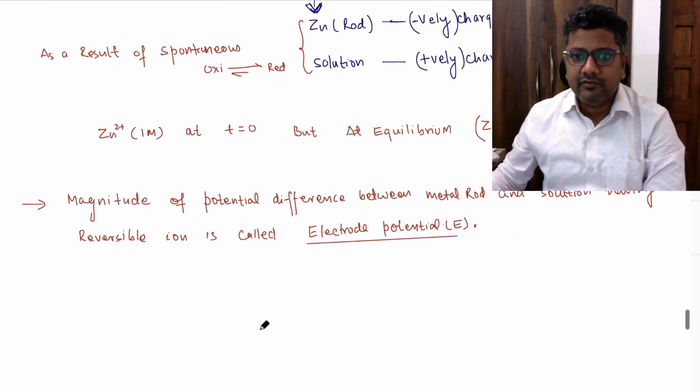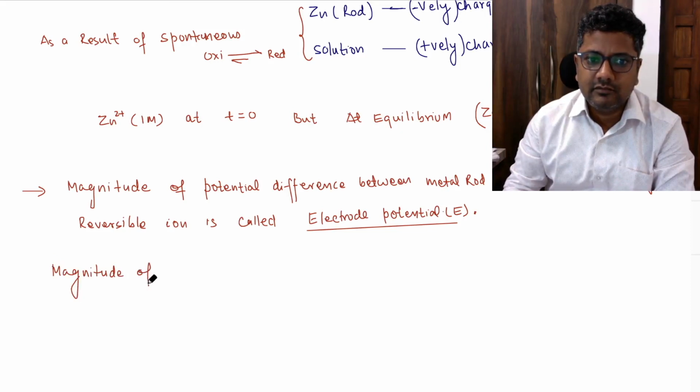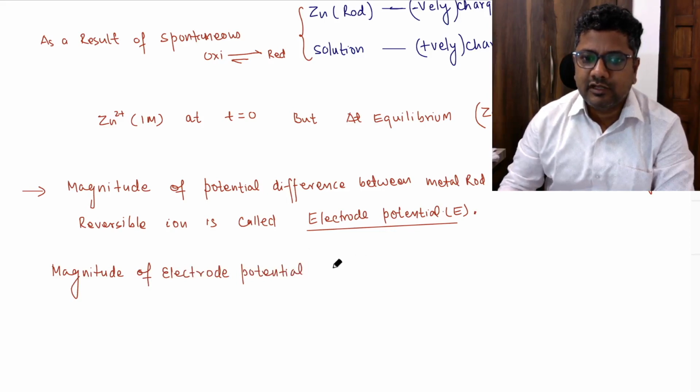So the magnitude of electrode potential depends on the following factors.